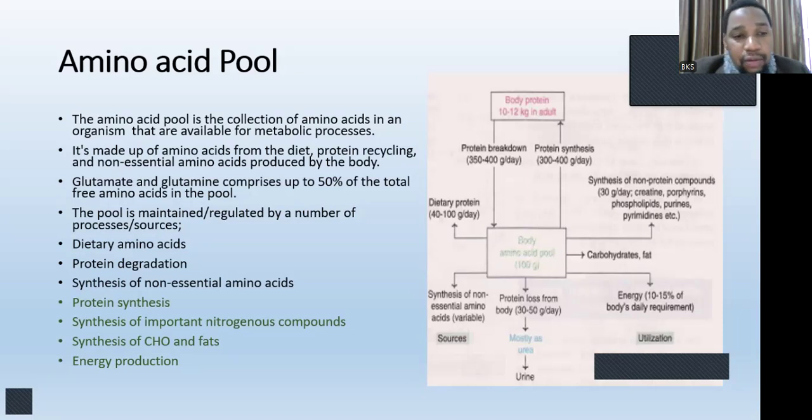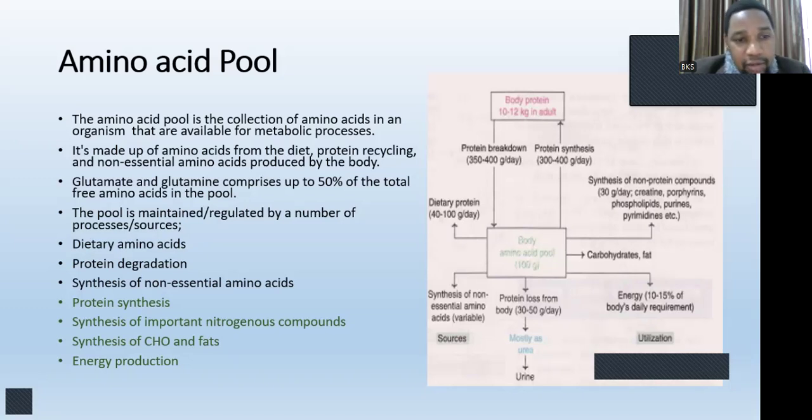You also have synthesis of carbohydrate, just like I explained, most especially in carnivores where there is a lot of protein-rich diet. The protein-rich diet is converted to glucose, used for energy production, and the excess can be stored as glycogen. Also, ketogenic amino acids can be used to synthesize ketone bodies and fatty acids, and the fatty acid can be used for energy storage.